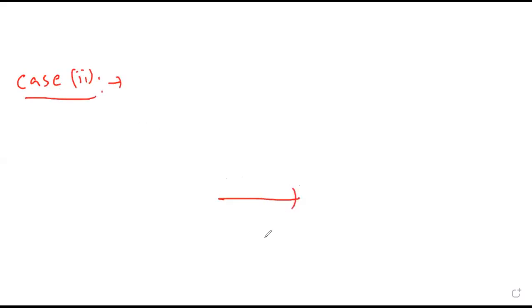That means if this is vector A bar and this is vector B bar, and you move from A to B through this smaller angle, what is the sense of rotation, clock or anti?